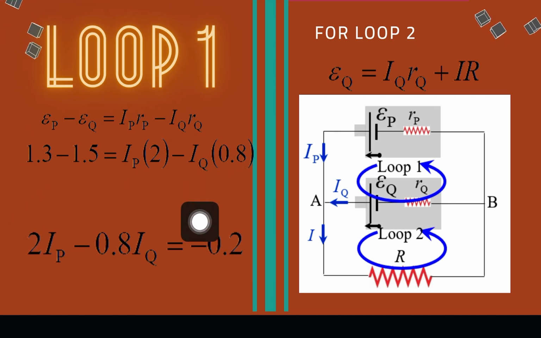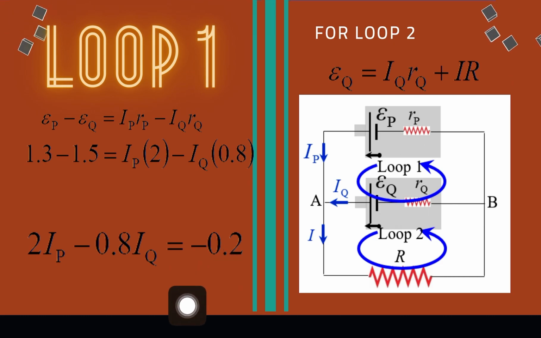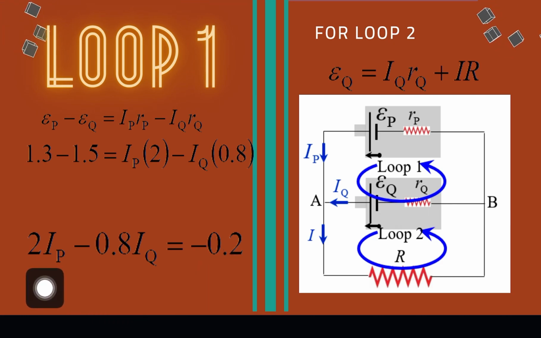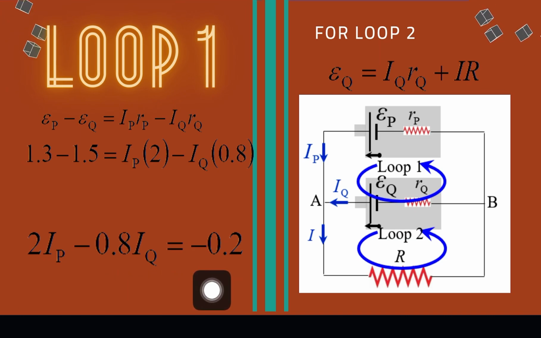We rearrange the equation to make the EMF on one side. So it will be 2IP minus 0.8 IQ equals negative 0.2. So this is for loop 1.